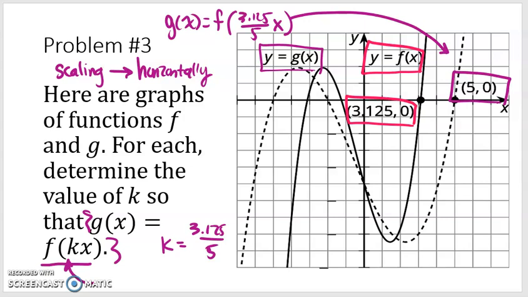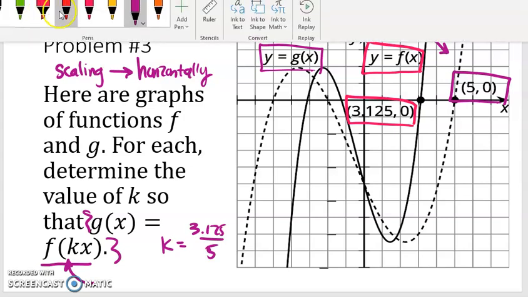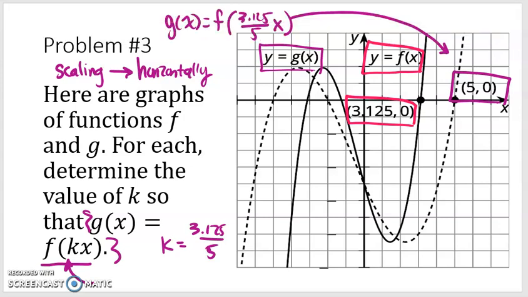Now, which number tells you if it's stretching or compressing? If that number is outside, going off the grid a little bit, if g of x is equal to, let's say, 3.125 over 5 times f of x, this is scaling or stretching vertically.